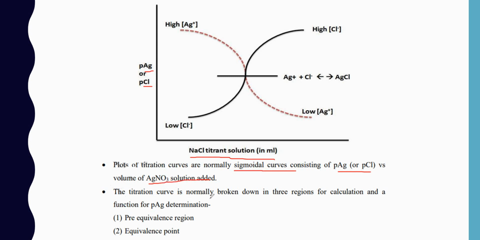The titration curve is normally broken down into three regions for calculation of pAg: the pre-equivalence region, the equivalence point, and the post-equivalence region. For example, this is the pre-equivalence, this is the equivalence, and this is the post-equivalence region. We are not going into details because this is not that important for your GPAT.